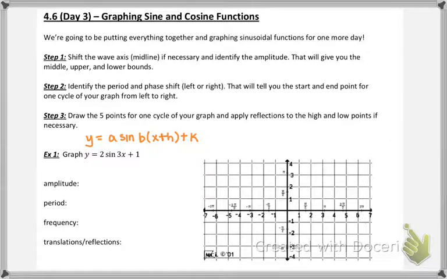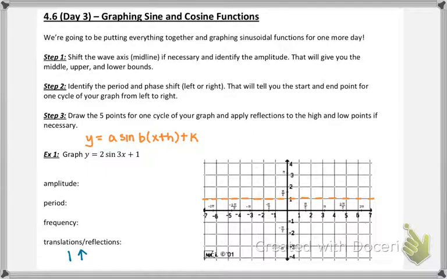So in our example, we've got y equals 2 sine 3x plus 1. I know that my transformation is that I'm going to slide everything up 1, right? And so my whole wave slides up 1, and my wave axis is now at y equals 1 instead of the x-axis.